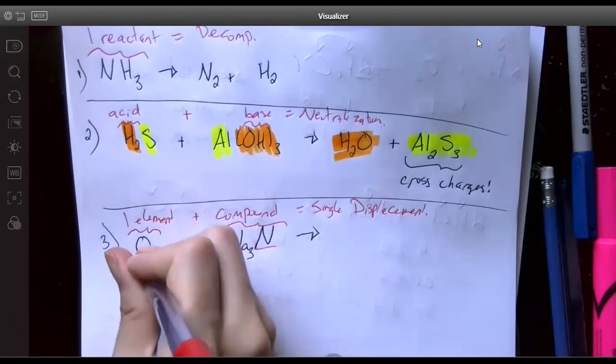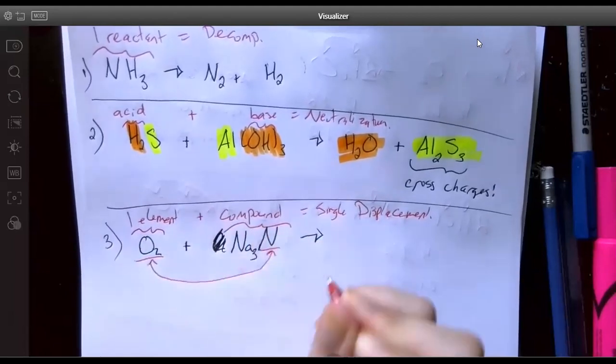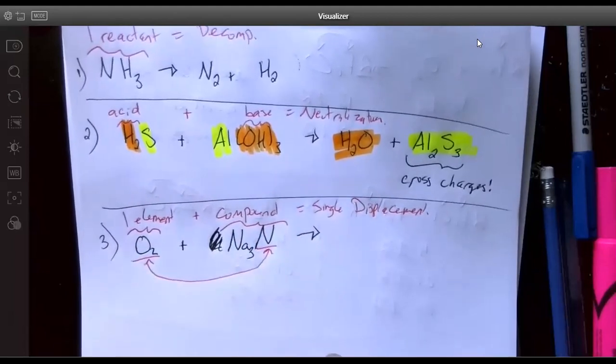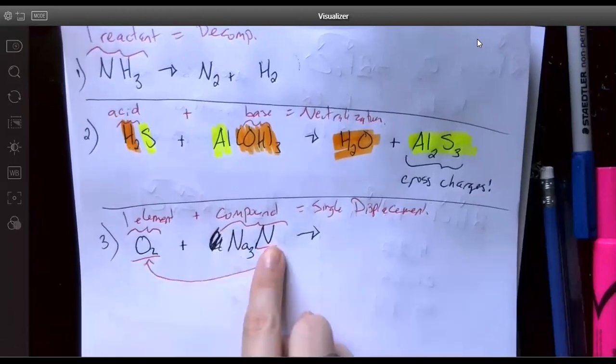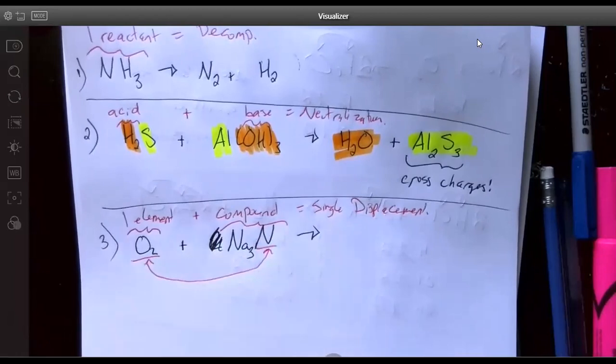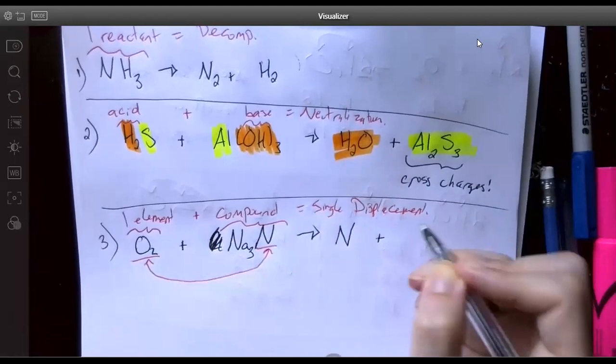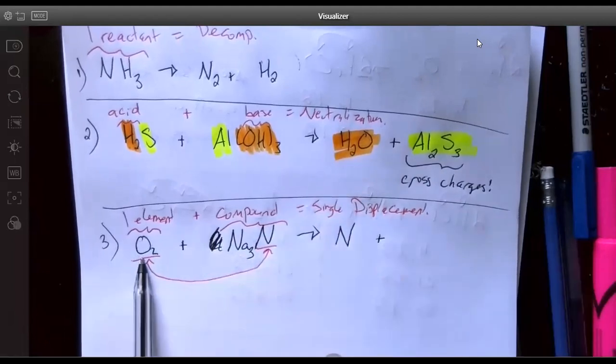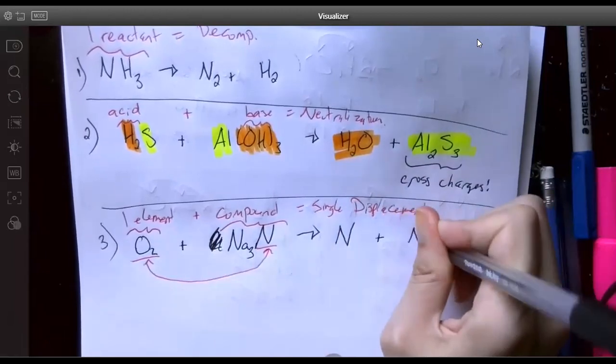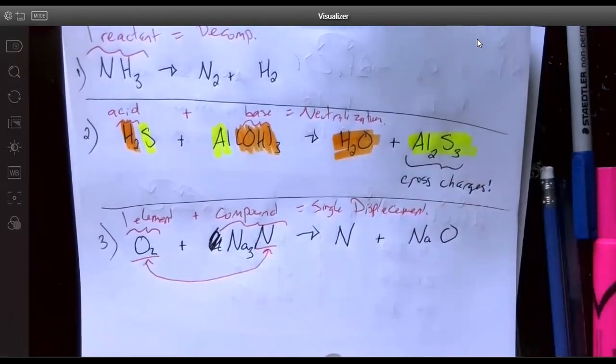So my oxygen and my nitrogen need to switch places. When I do that, I'm going to end up with the nitrogen by itself. And then the oxygen is going to end up with the sodium.